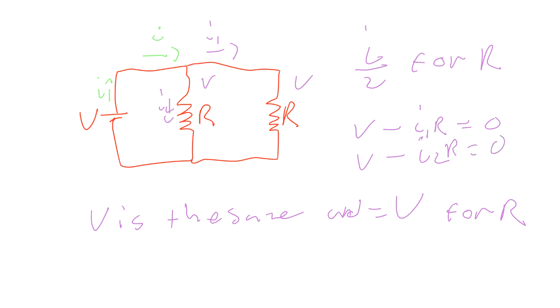This implies, I'm going to let you do the math, that I1 equals I2. And then using the junction rule, I equals 2I1, so you get that I1 equals I over 2. So either way, whether you want to do it mathematically or argue your way through it, you get the same thing. Okay?